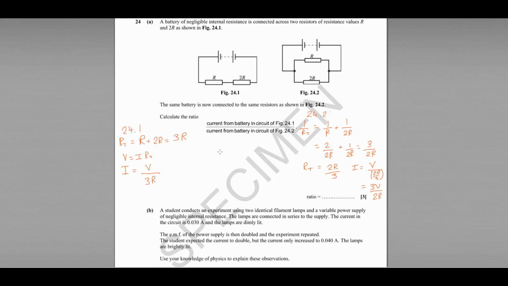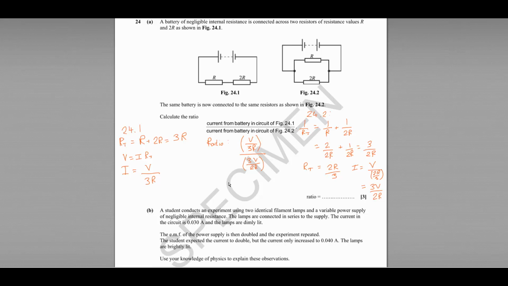So now to find the ratio between these two currents. We begin with our first current, 24.1, which is V divided by 3R, divided by 3V divided by 2R.